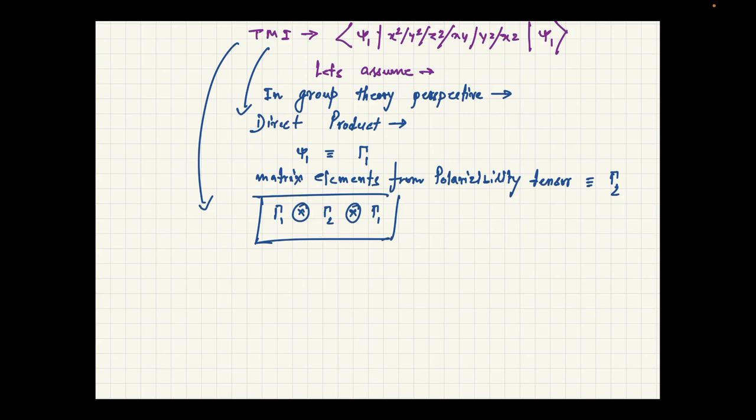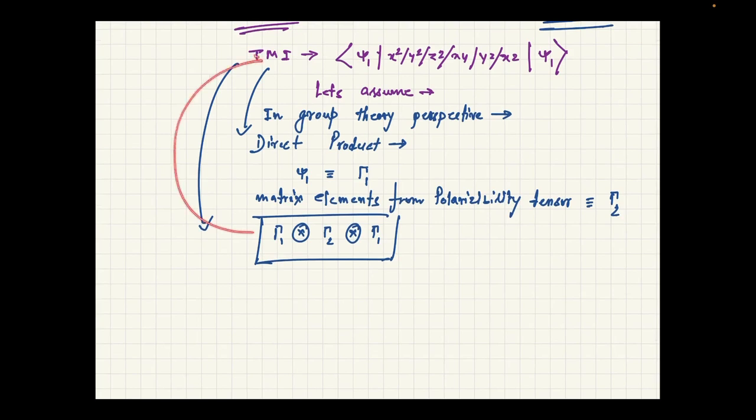This whole direct product will give us a totally symmetric representation if the irreducible representation for gamma 2, that means for the matrix element from the polarizability tensor, is the same as the irreducible representation representing the normal mode. That means gamma 2 has to be equal to gamma 1, and only then can we get a totally symmetric representation as an output.